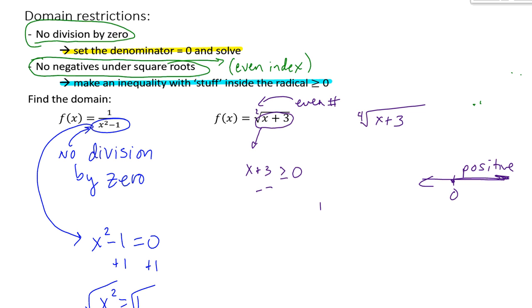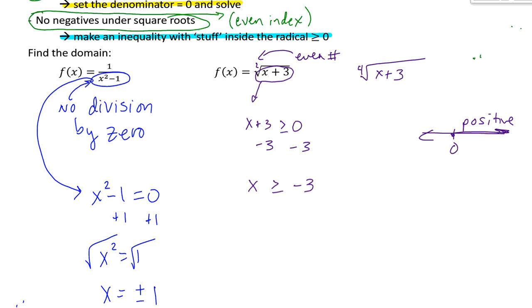So this will help us figure out what x is. We'll keep what's underneath the radical positive, or 0. So the domain of this would be, in inequality form, x greater than or equal to -3, or -3 to infinity.